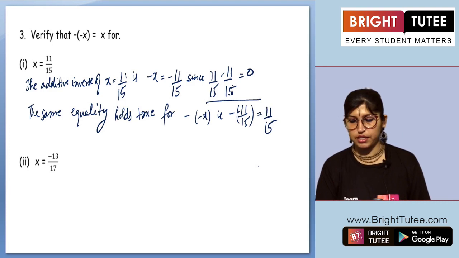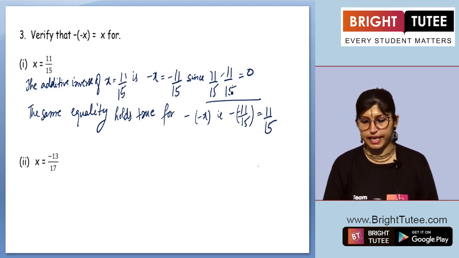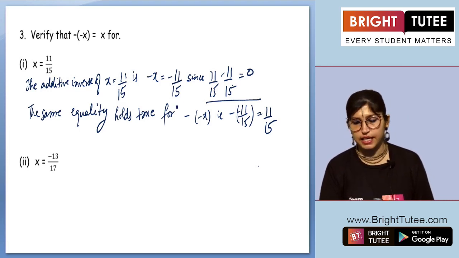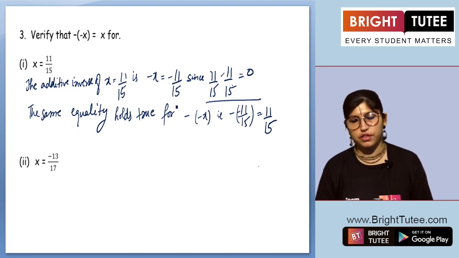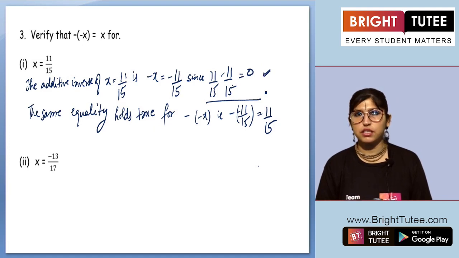So the same equality holds true for this as well. The same equality says that the additive inverse of minus 11 by 15 is 11 by 15, as minus of minus x will be this, and we know that the equality is the same which we discussed here.